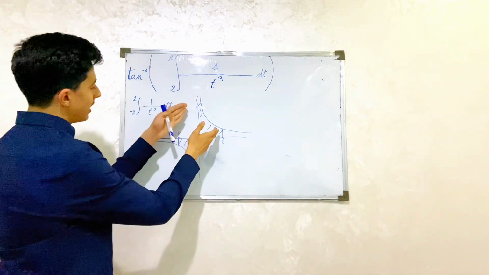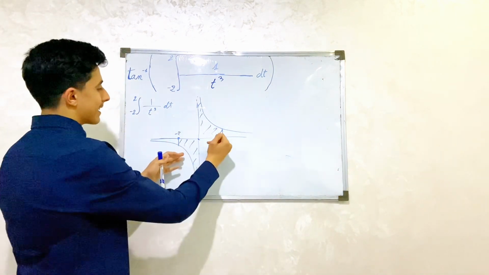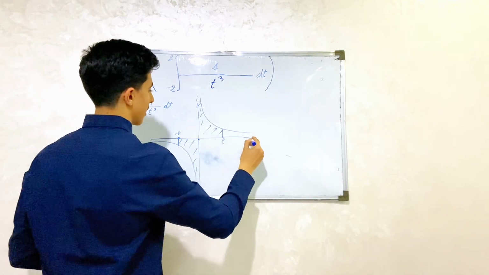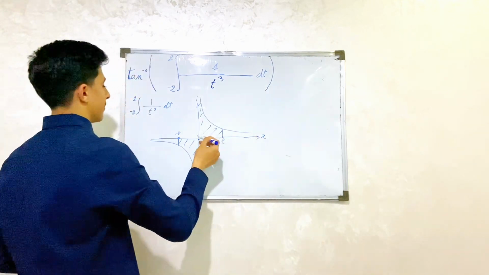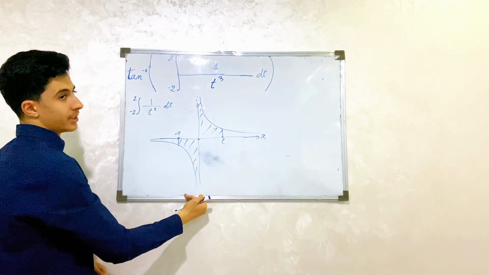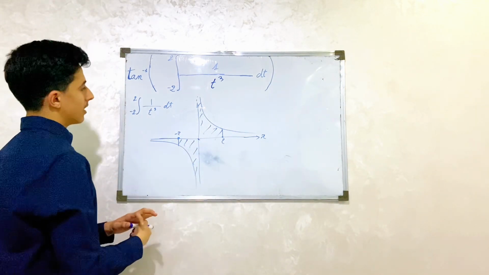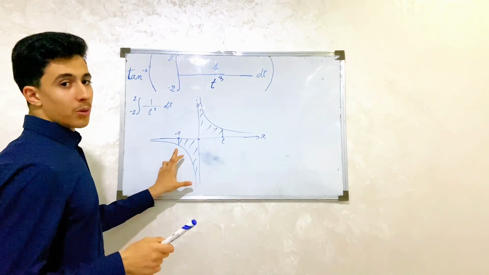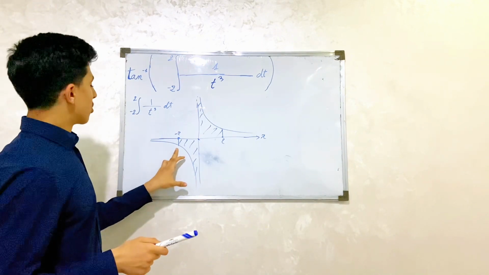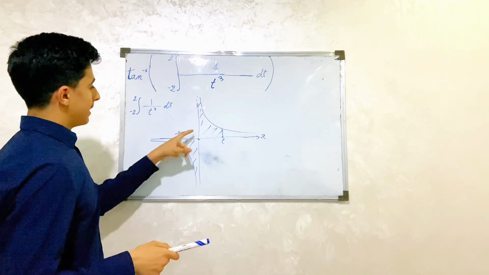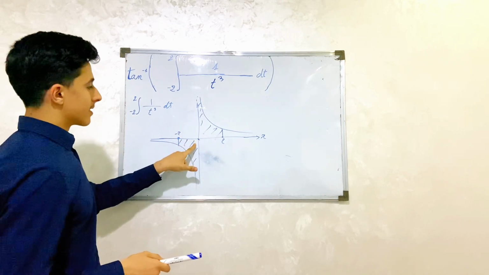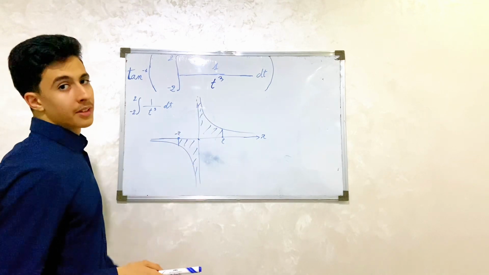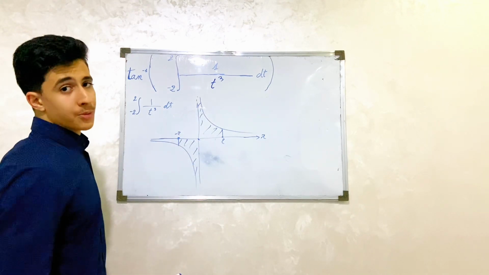Meaning that this area and this area are equal, but this part is over the x-axis, but this part is below the x-axis. So this and this are equal in area, but are completely opposites. Meaning that this plus this is like saying this area minus this area, which gives us 0.